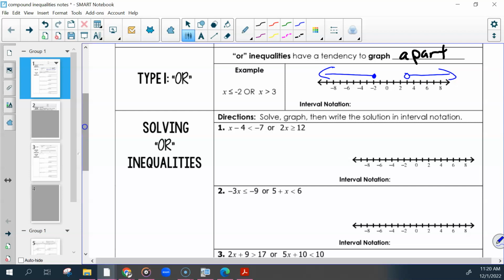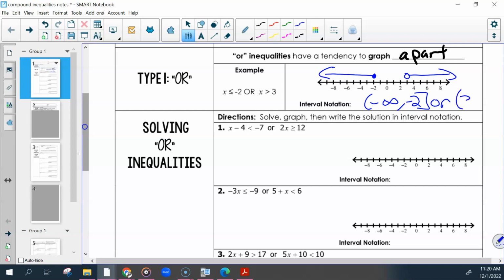And then our interval notation from last class, we're still reading left to right. So from the left, this would keep going towards negative infinity. It would go until you hit -2, which would be a bracket. Then you would put or. It starts again at 3.